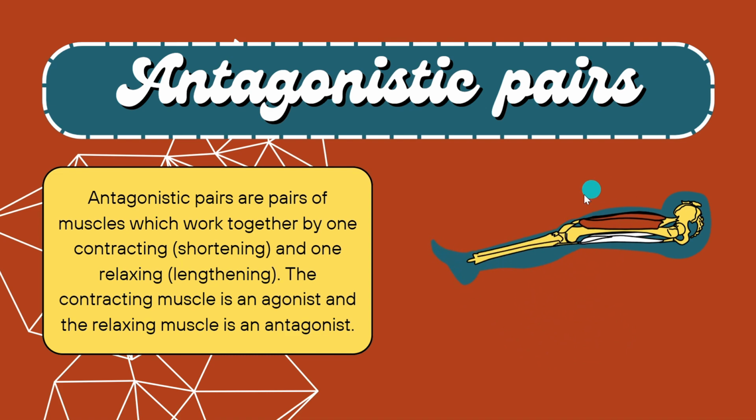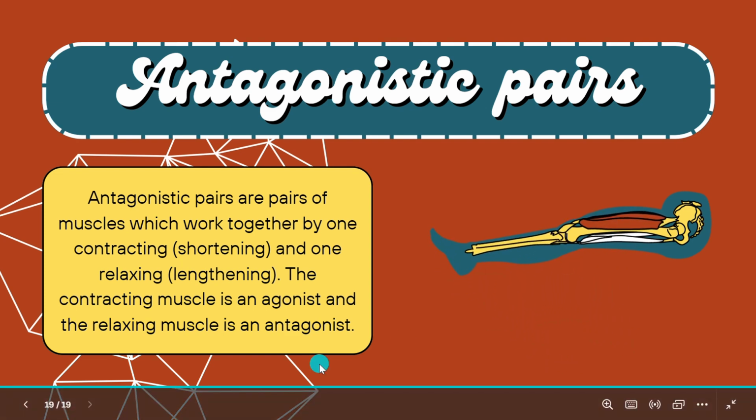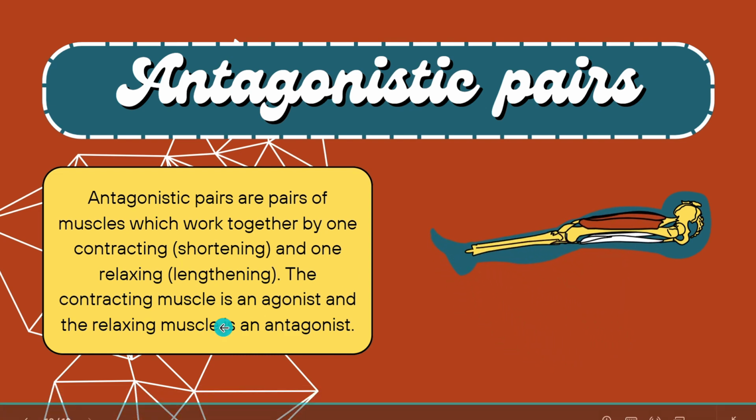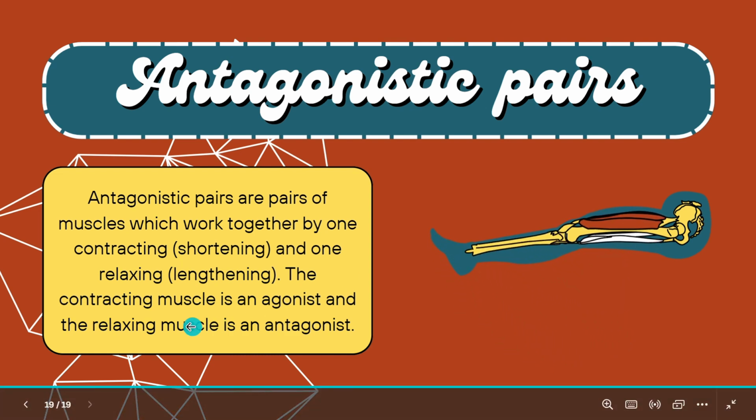This is the normal state of the muscle, and when it's put backwards, it is relaxed in a way, but it is also being stretched. So you have to understand that it's under stress. No matter what you do, you're using energy. The contracting muscle is an agonist, and the relaxing muscle is an antagonist, which we can see over here.